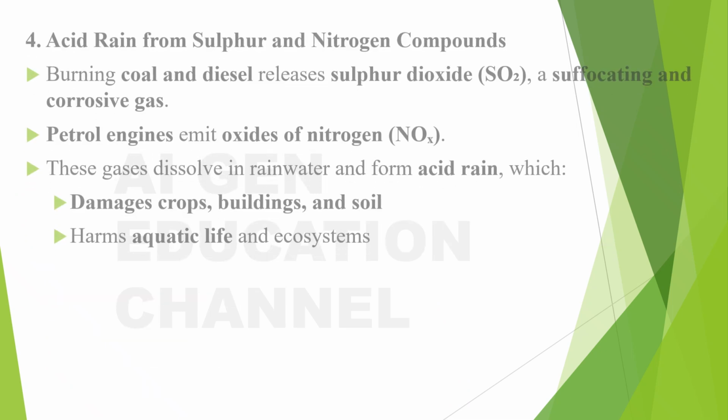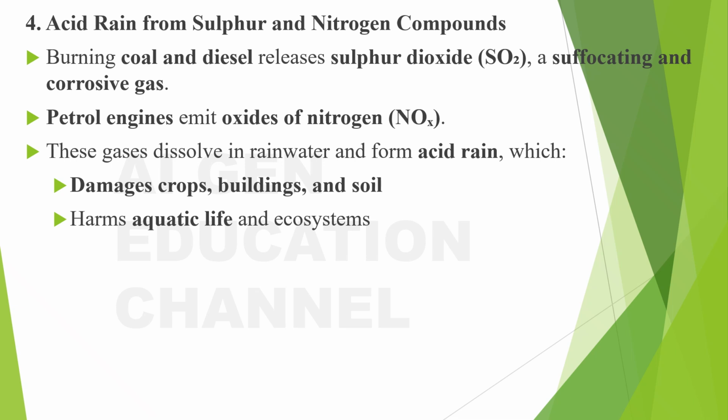So next, acid rain from sulfur and nitrogen compounds. Burning coal and diesel releases sulfur dioxide, a suffocating and corrosive gas. Petrol engines emit oxides of nitrogen. These gases dissolve in rainwater and form acid rain, which damages crops, buildings and soil and harms aquatic life and ecosystems.